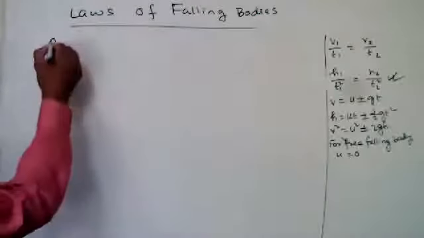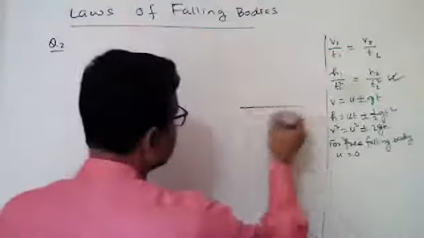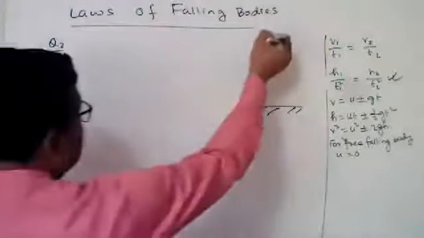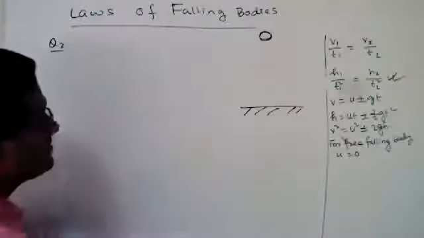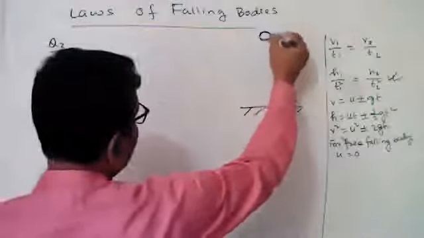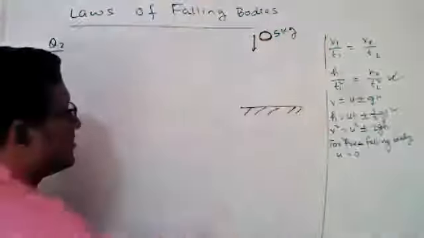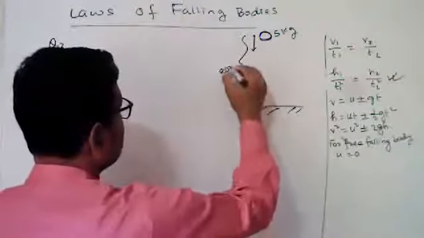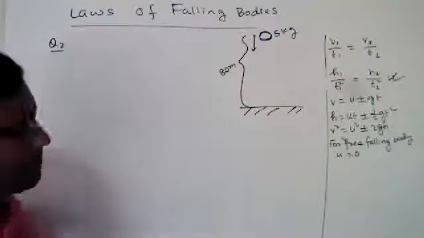Question number 2. Suppose this is the ground and here is the object, and the mass of the object is 5 kilogram, and it is allowed to fall freely from the height 80 meter.